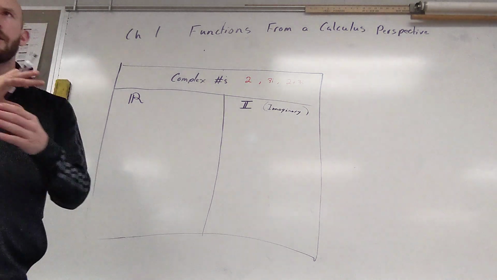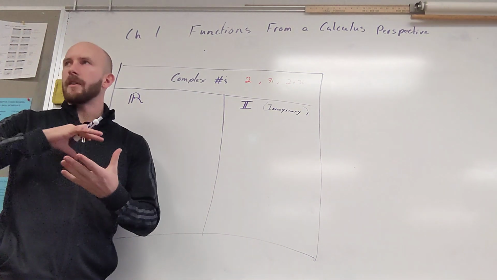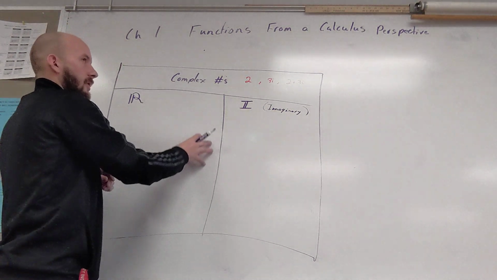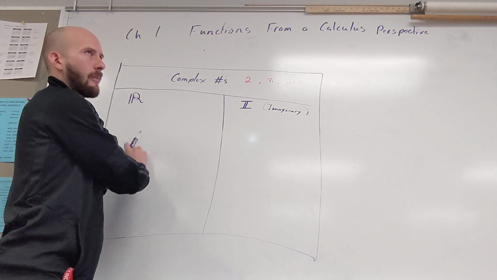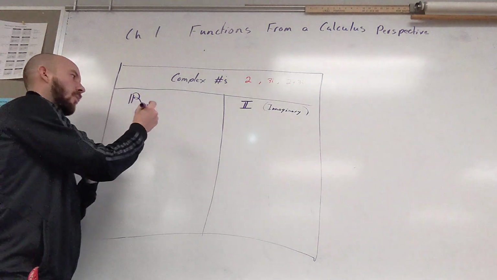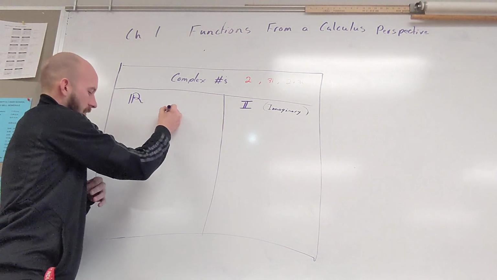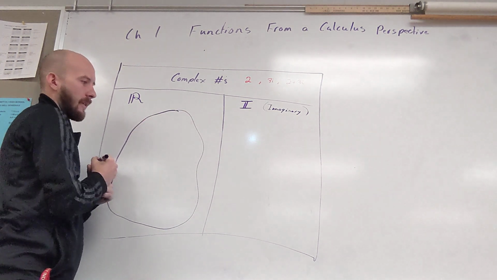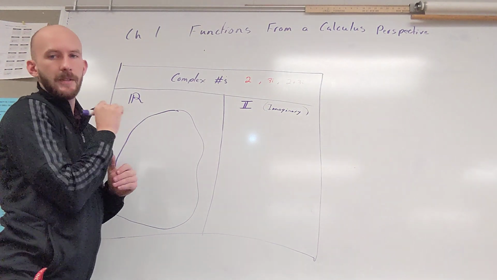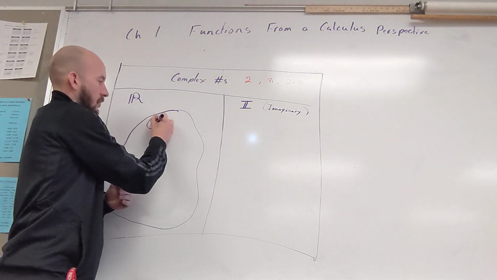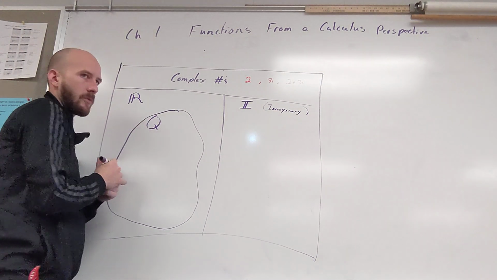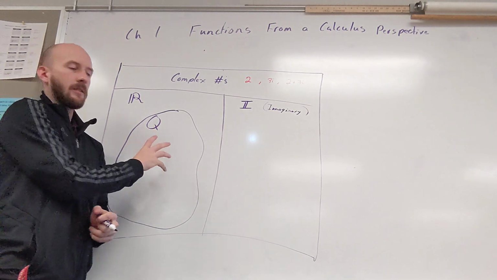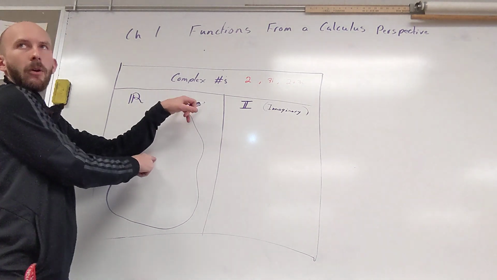But then this is kind of going to be a concept that we talk a lot about with sets, okay? Imagine this rectangle is the entire set of real numbers. Within that, you have what we call a subset, and that subset is going to be rational numbers, which is Q. Every rational number is also a real number, right?